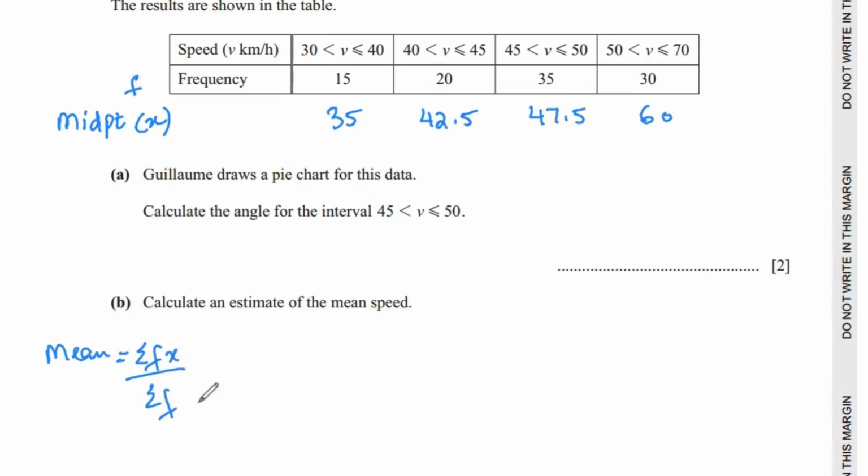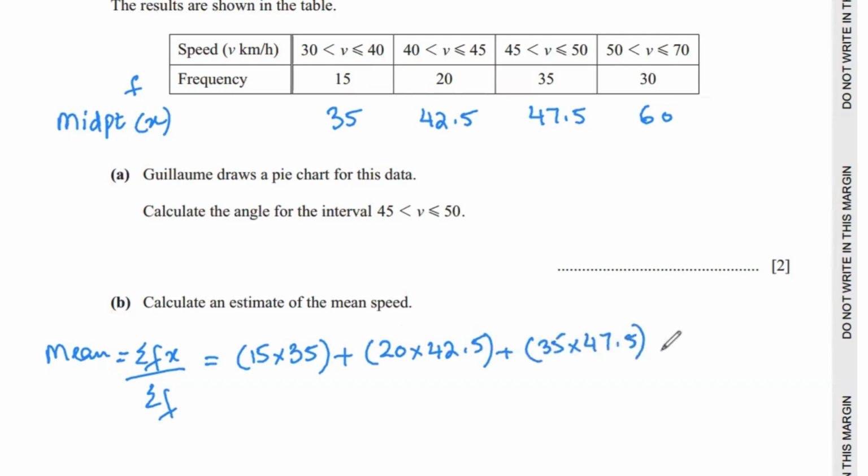F is your frequency. So in the numerator, we multiply the frequency and the corresponding x value and then add it to the next one. So 20 times 42.5 plus 35 times 47.5 plus 30 times 60.